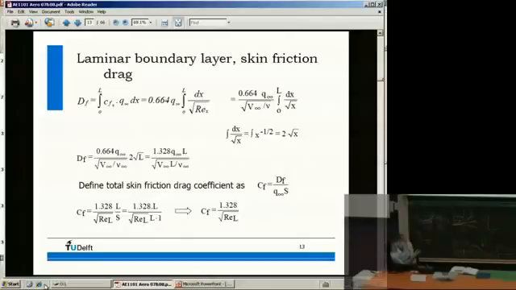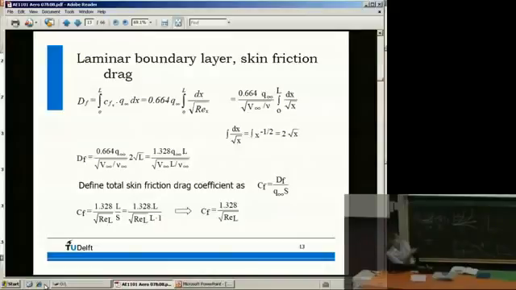We have our Q infinity, and then we have here square root of L, and here I have the remains of my Reynolds number, so square root of Reynolds number only without the L. This is my kinematic viscosity coefficient, so rho over mu. So what I do is write square root of L as L divided by square root of L, right?